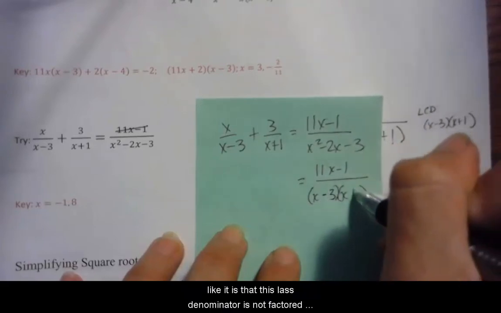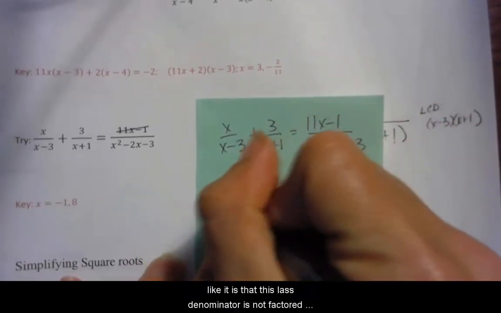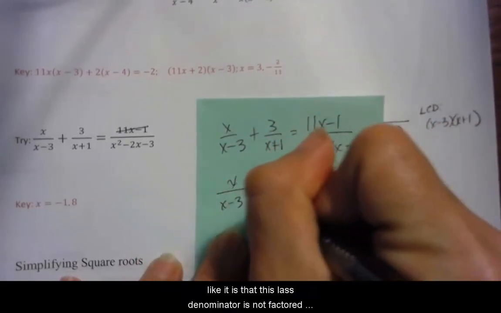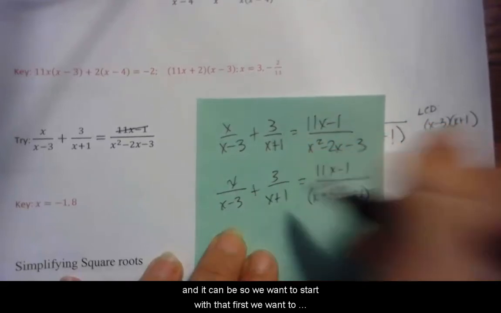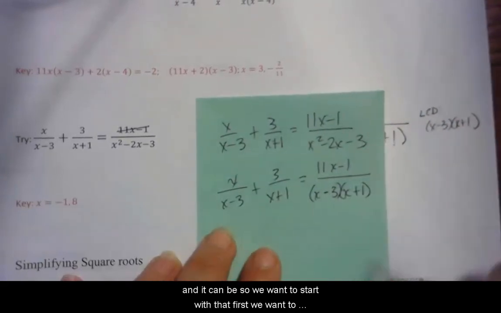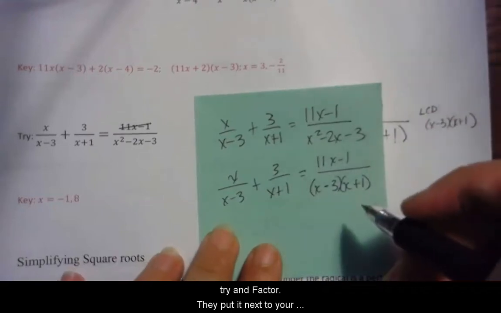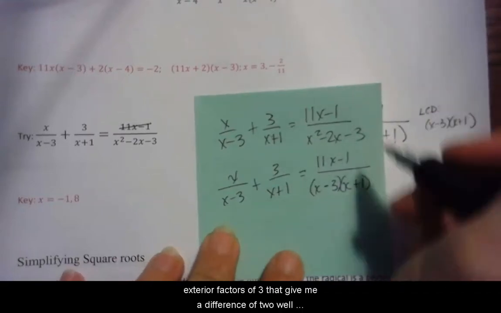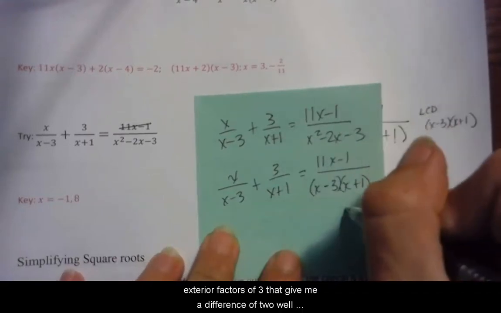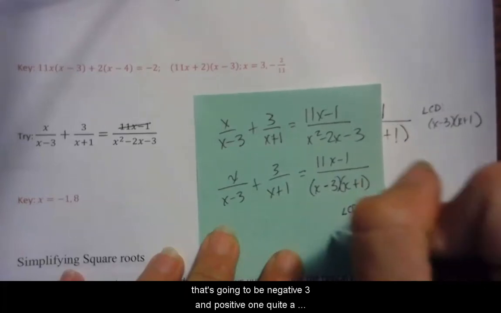Well, that's going to be negative 3 and positive 1. Quite a coincidence, right? Like these other ones are x minus 3 and x plus 1. It usually works out that way. So that tells me what our LCD is going to be. It's going to be x minus 3, x plus 1.